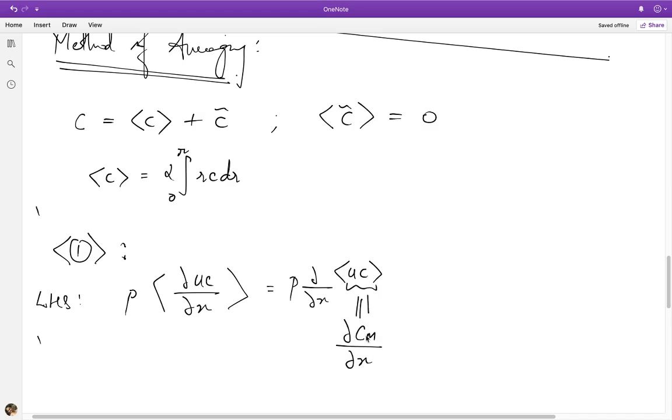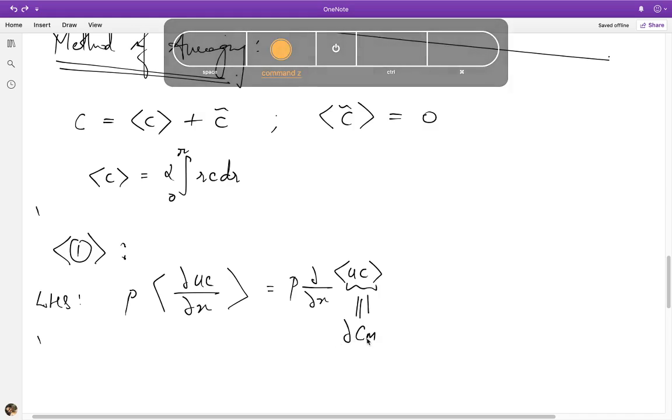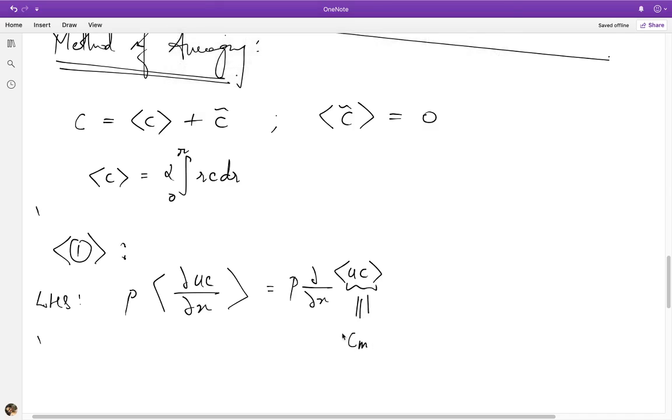the cup mixing average. Sorry, I'm going to define this as being equal to the cup mixing average times the average velocity, where this cup mixing average is defined as the integral of u C r dr. So it's like the cross section average, but I'm going to weight it by the velocity u.